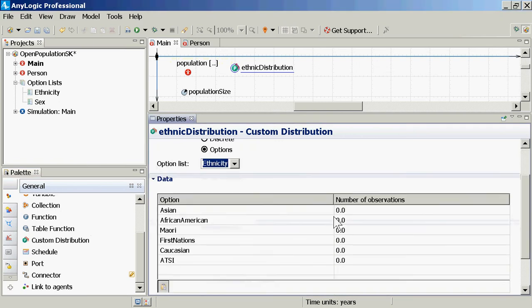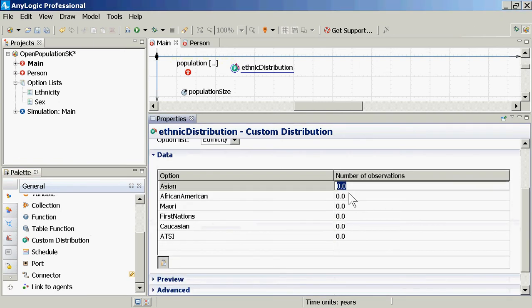And now we can give the relative frequency. I believe it's obvious, it's automatically normalized to sum to 1, so we can specify the relative frequency of different ethnicities in this population.